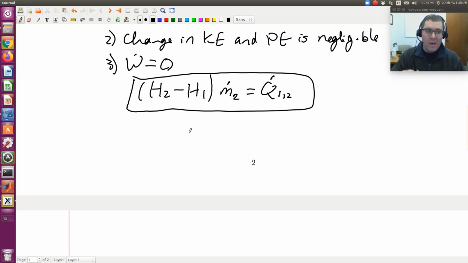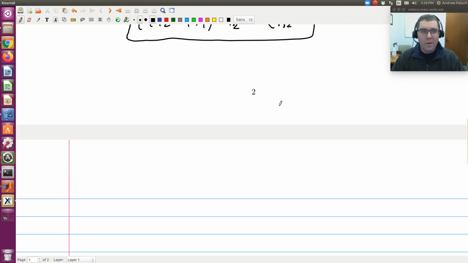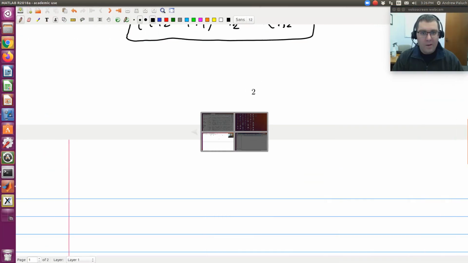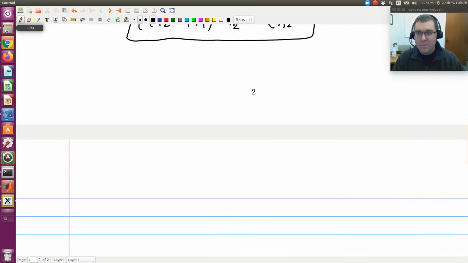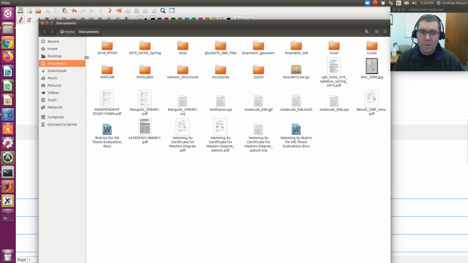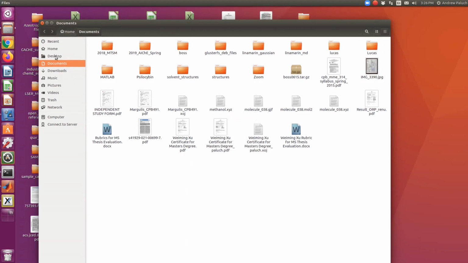My inlet and exiting streams, stream 1 and stream 2, are fully specified. We're given the mass flow rate, so we can solve for Q dot. Actually, I'm not sure if I have my steam tables open, so let me get my steam tables open. My apologies.